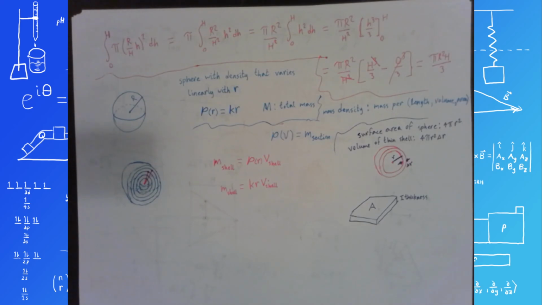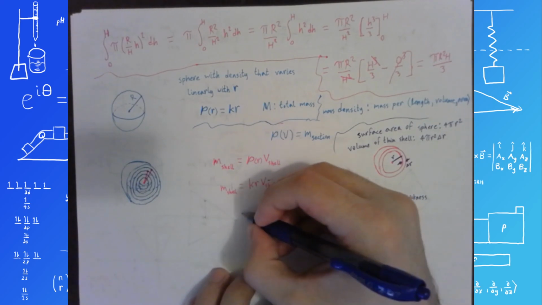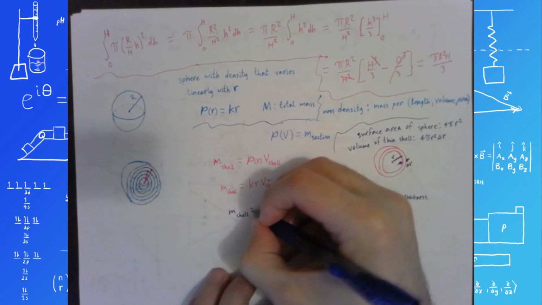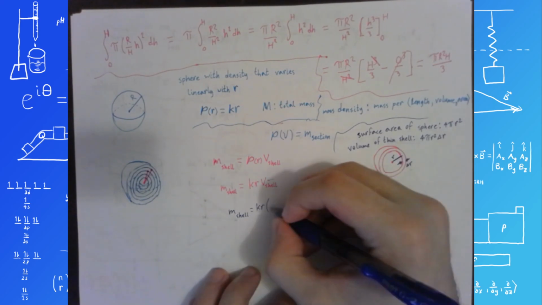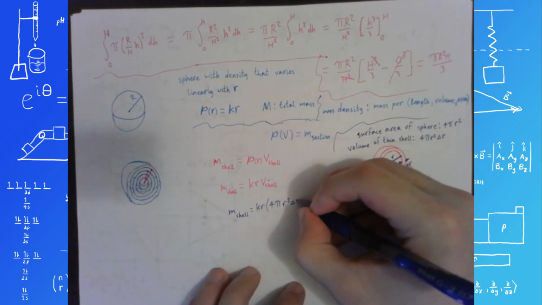Okay, now that I have the volume of a thin shell, I can put it in here. Mass of an individual shell is kr times the volume of a shell, 4 pi r squared delta r.